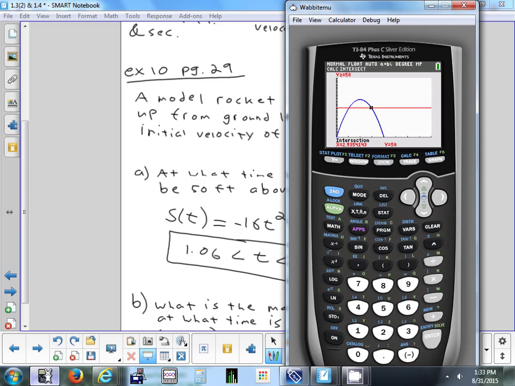Okay, we're going to assume it doesn't go any lower than 0 feet. So what would be the highest time value you think you could hit before it would hit the ground? See where it looks like it's going to hit the x-axis?